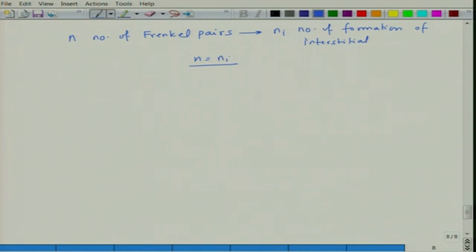Each pair will contain one interstitial and one vacancy, and similarly it will also be equal to n_v, which is the number of vacancies, right. So, we write n is equal to n_i equal to n_v, assuming that capital N is the total number of lattice sites.